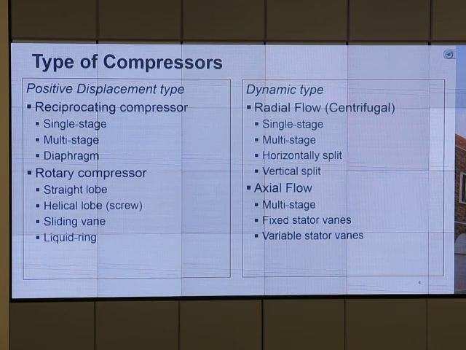It comes in fast, flows a little bit, slows down, and the pressure goes up. Or you can have axial flow, multi-stage. So basically there are two types, positive displacement and dynamic. Positive displacement can have rotating motion, and having rotating motion doesn't mean it's not positive displacement type. You get it? If you don't get it, please look at Wikipedia. I'll try to put this in the exam too.